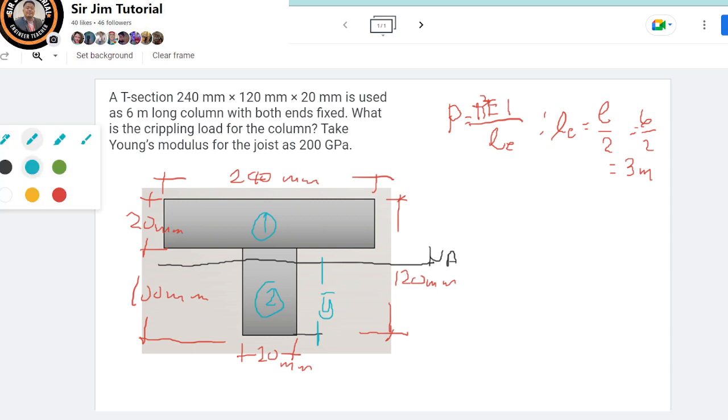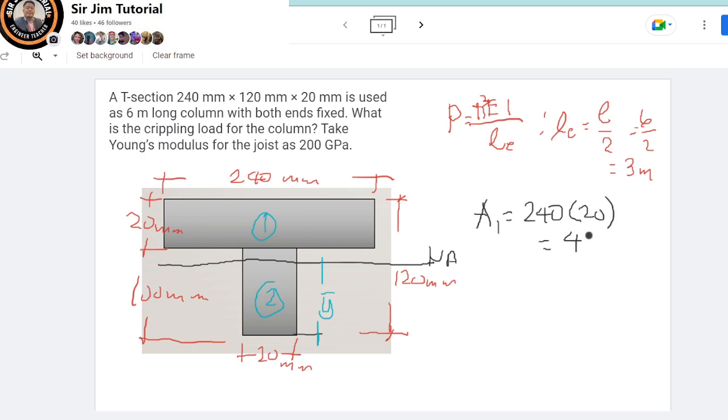So from here we can compute first what is area 1. Area 1 is the area of the rectangle, 240 times 20. This will give us 4,800 square millimeters. Area 2, this one, is 20 and 100.